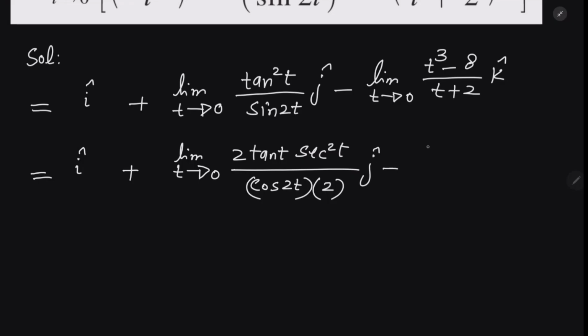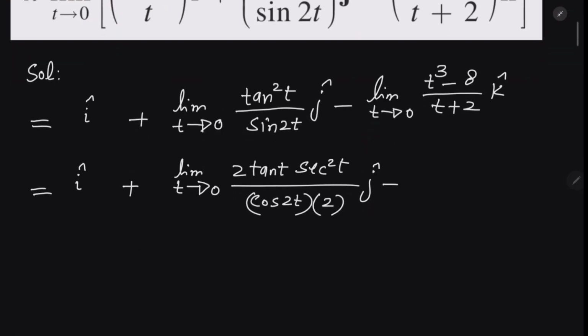I hope this is correct. When we apply t equals 0 over here, we get minus 8, I'm sorry, we get minus 8 divided by 2 k unit vector.